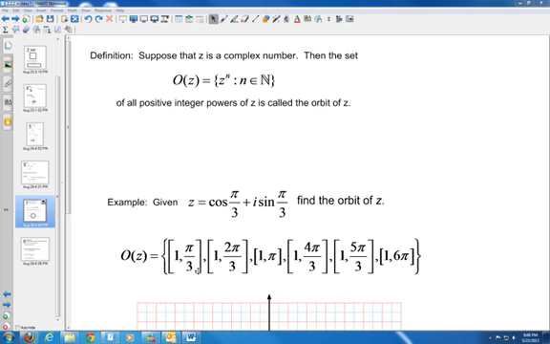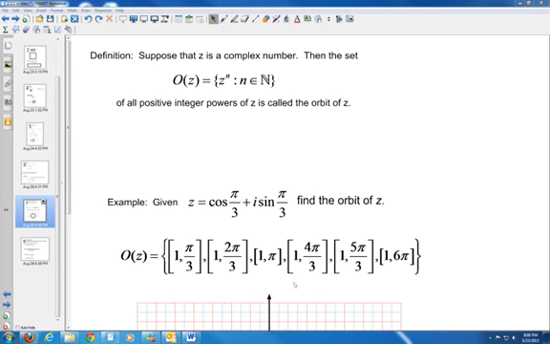Now that is z to the 6th power. So the last thing you may question is, well, what about z to the 7th power? Well, z to the 7th power would be 1 comma 7 pi over 3. But of course 7 pi over 3 is simply pi over 3 plus 2 pi, and we know that pi over 3 plus 2 pi is equivalent to pi over 3. So the orbit is complete.